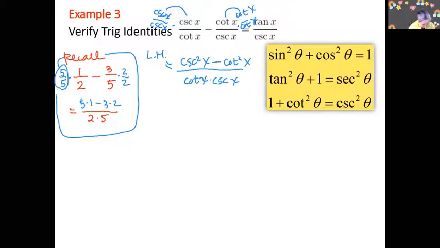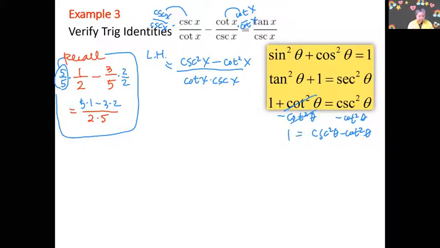Imagine that you subtract cotangent square theta from both sides. Then this will be cosecant square theta minus cotangent square theta, which is equivalent to 1.